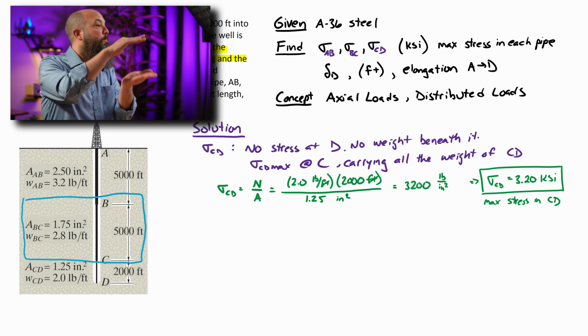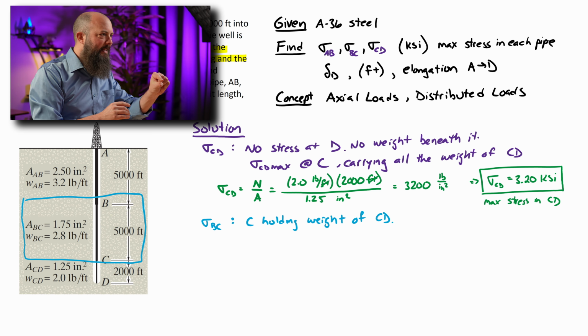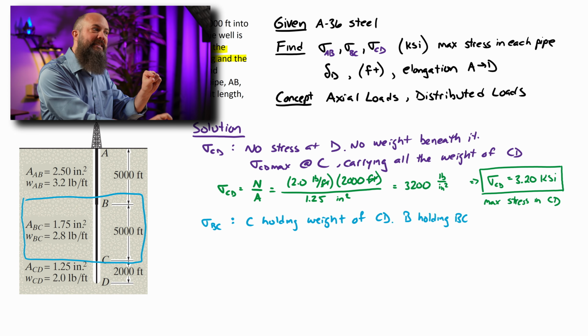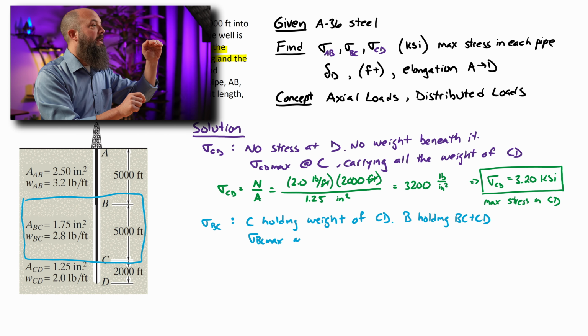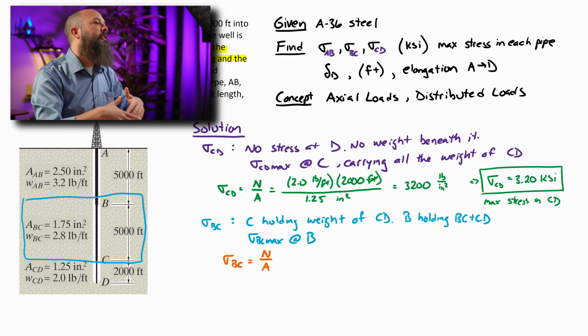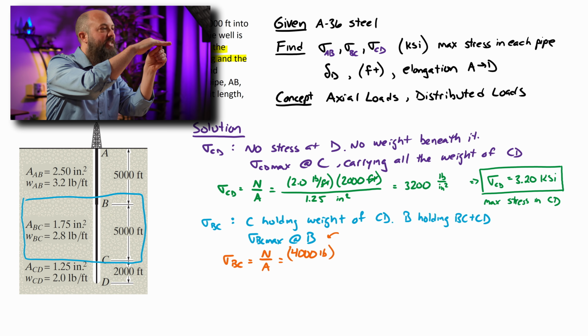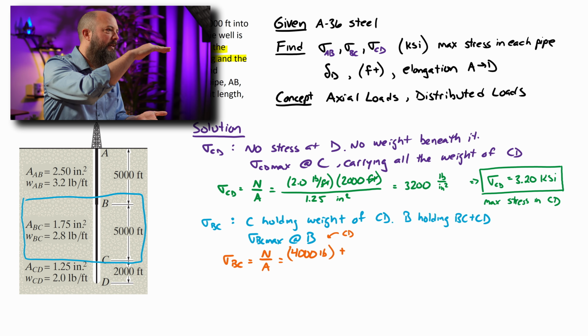Moving up to pipe BC, we have, again, at point C, there's only CD weight beneath it. But at point B, we have the total weight of both pipes hanging, so the max stress on that middle pipe will occur at the very top, which has the maximum amount of weight beneath it.